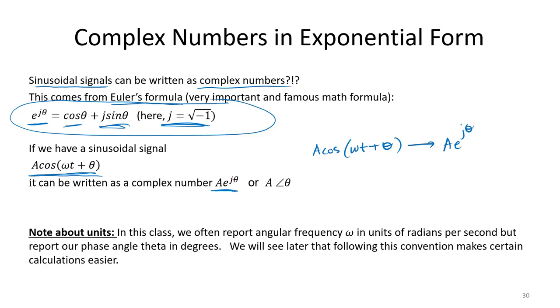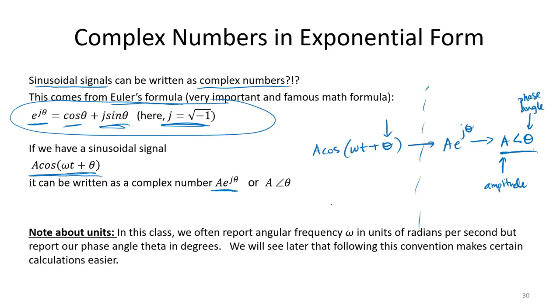And often, instead of having that e there, we get kind of lazy, and many of us will write our complex number as A angle theta, where A is some amplitude term, and theta, of course, is our phase angle.